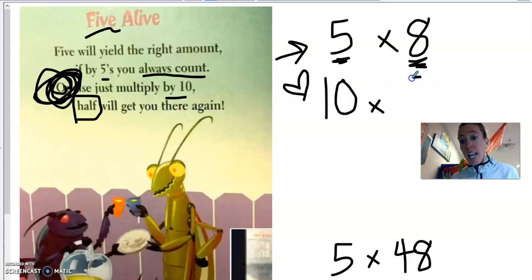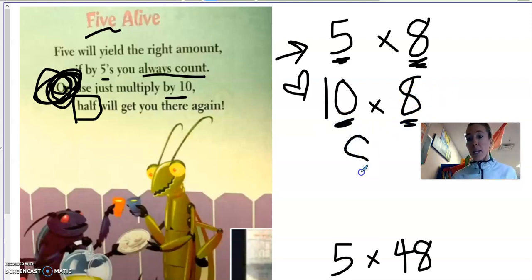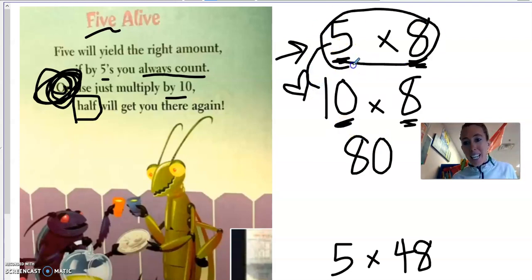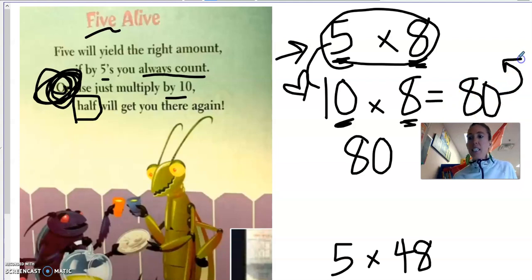So 10 times 8, well, I know 10 times 8 because that just means 8 tens. And I can use place value to help me. 8 tens is 80. But then, since 5 is half of 10, and I need to get back to this answer, if 10 times 8 is 80, then I need to take half that, since 5 is half of 10, and get my answer to this one.